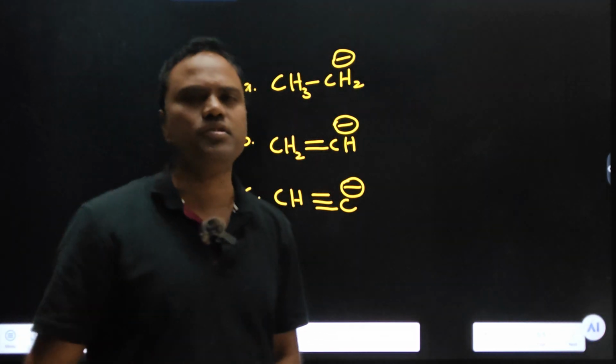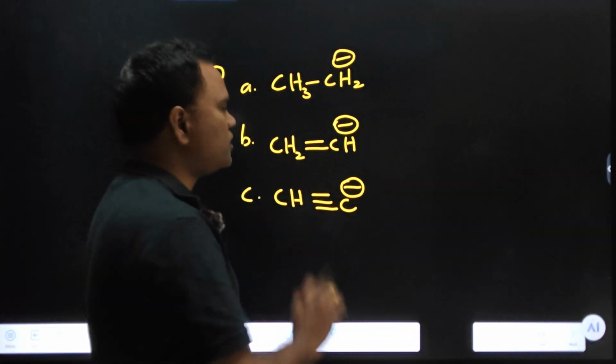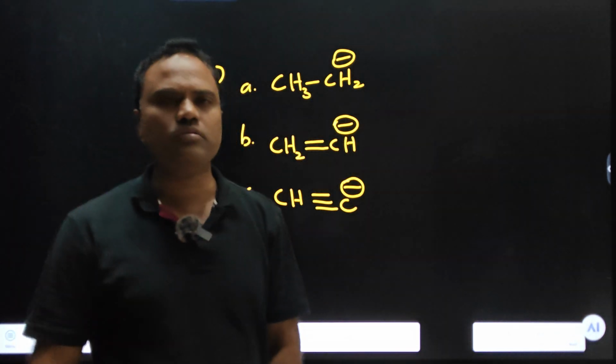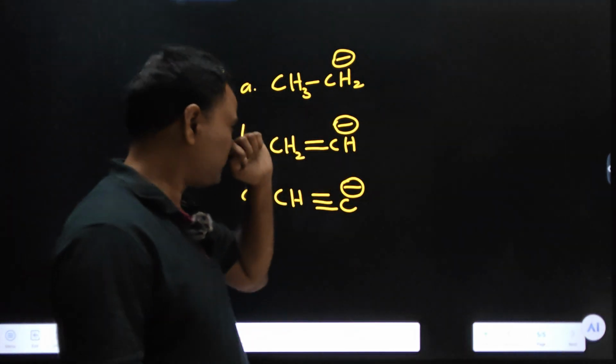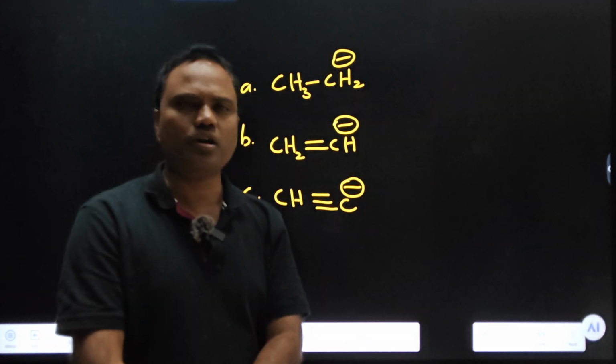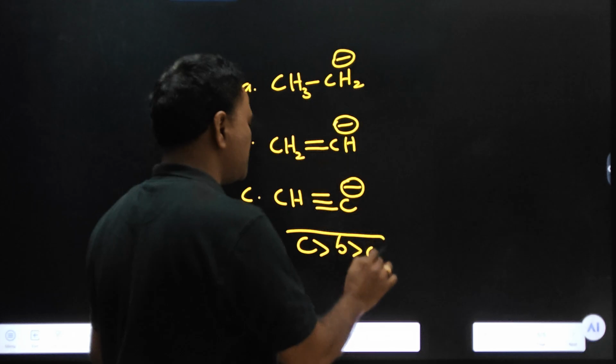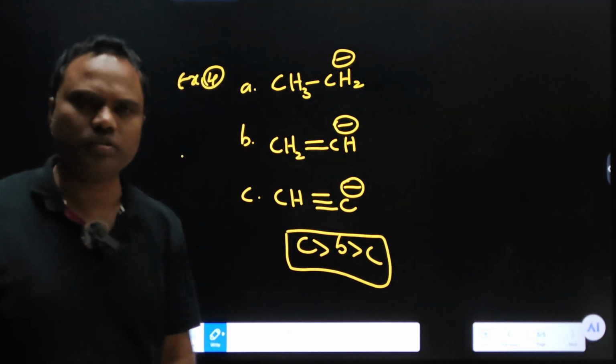A triple bonded carbon with a negative charge is more stable than a double bonded carbon, and a double bonded carbon is more stable than a single bonded carbon. So the stability order is C greater than B greater than A. This is a general example.